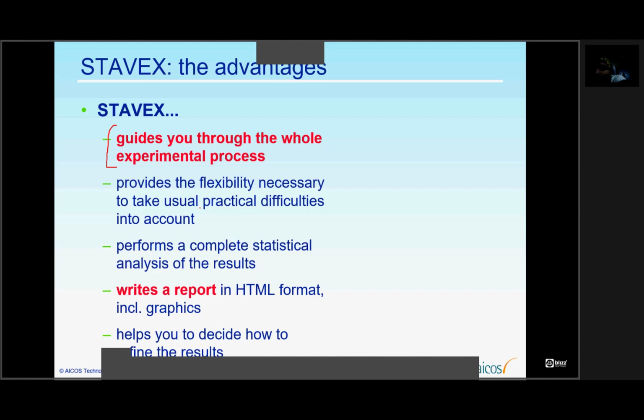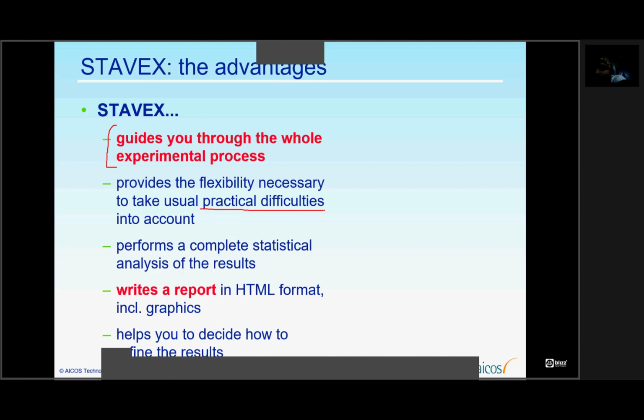If you have some practical difficulties, like an experiment didn't work, or you wanted to perform the experiment at a temperature of 40 degrees, but in fact it was 42, all this can be taken into account before you do the design or before you do the analysis, so that you get correct interpretation at the end.